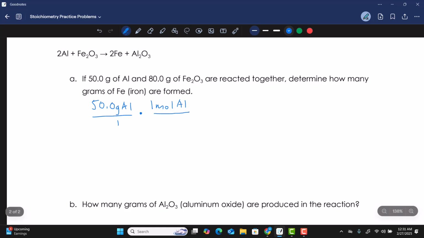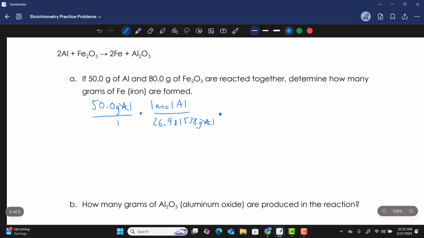So 1 mole of Al, on our periodic table, we would see that it would be 26.981538 grams of aluminum so that they can cancel out.